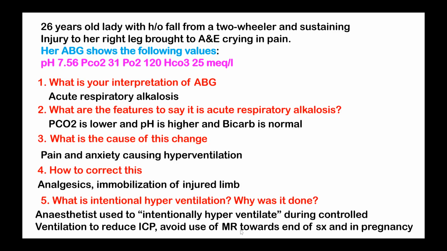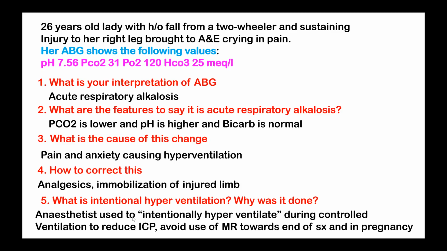It was also done to avoid use of muscle relaxant towards the end of the surgery and in pregnant patients, till the baby is delivered. Why this practice was given up: earlier they thought that by reducing the blood carbon dioxide level, it will cause vasoconstriction, so that will reduce the ICP.